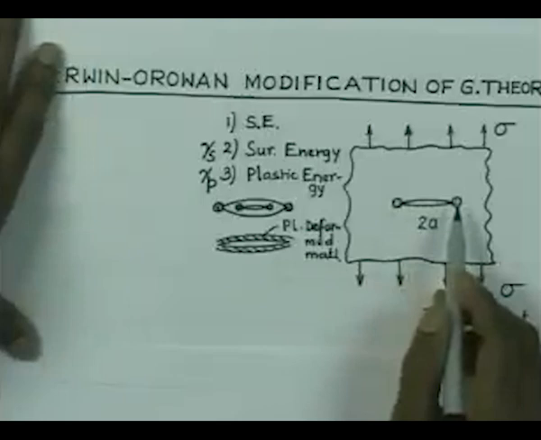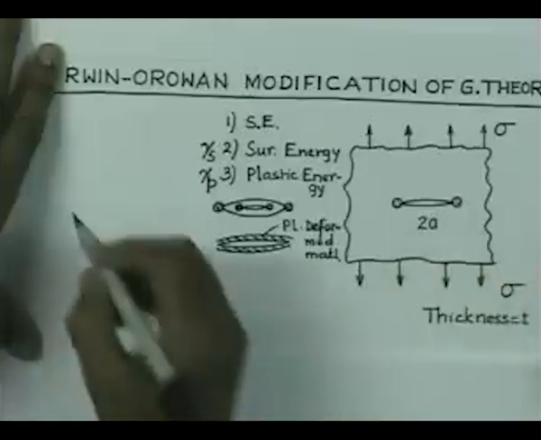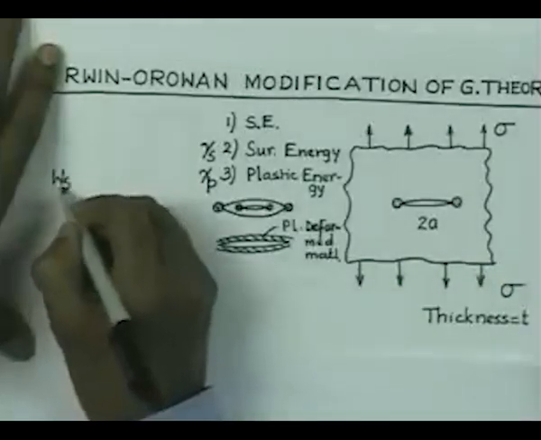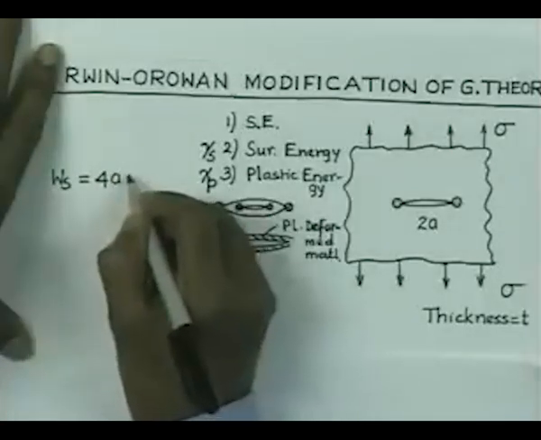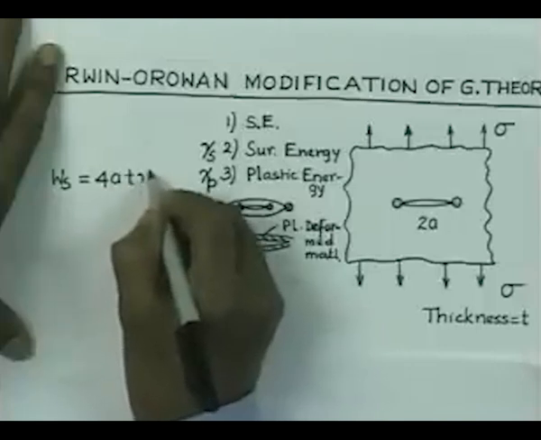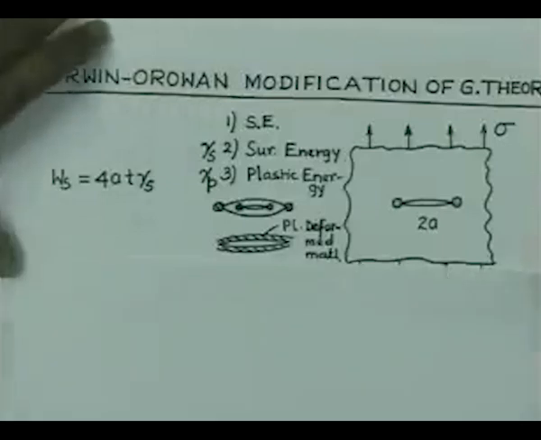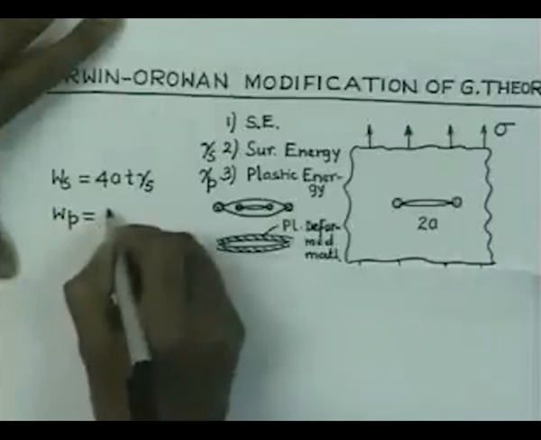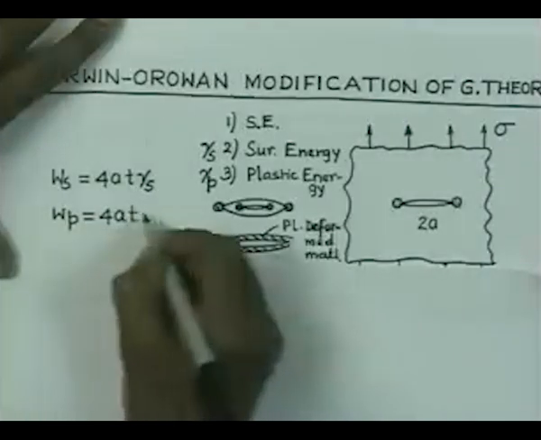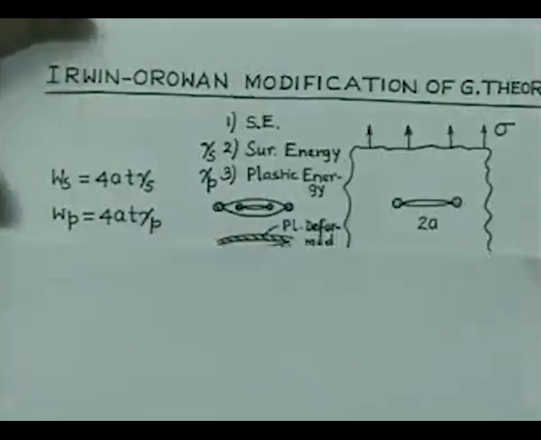So, the total area is 4aT, and the surface energy that is absorbed is nothing but 4aT into gamma s. So, that is the surface energy we have. Similarly, the plastic energy is equal to 4aT into gamma p. So, this is the plastic energy which has been absorbed by the material.